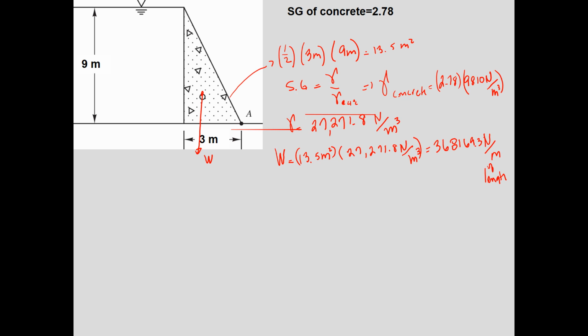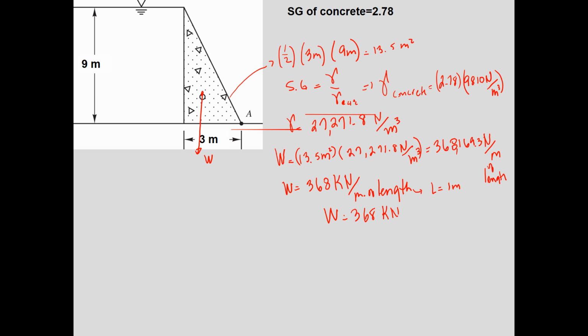I can use kilonewtons because it's easier to deal with that: 368 kilonewtons per meter of length. If I use 1 meter, then the weight would be 368 kilonewtons. So let's assume that everything is 1 meter of length.